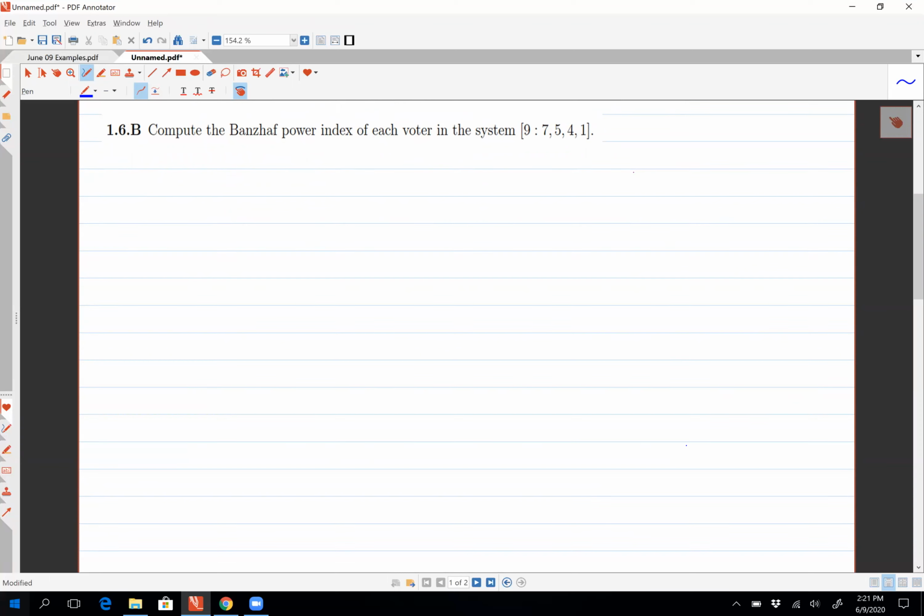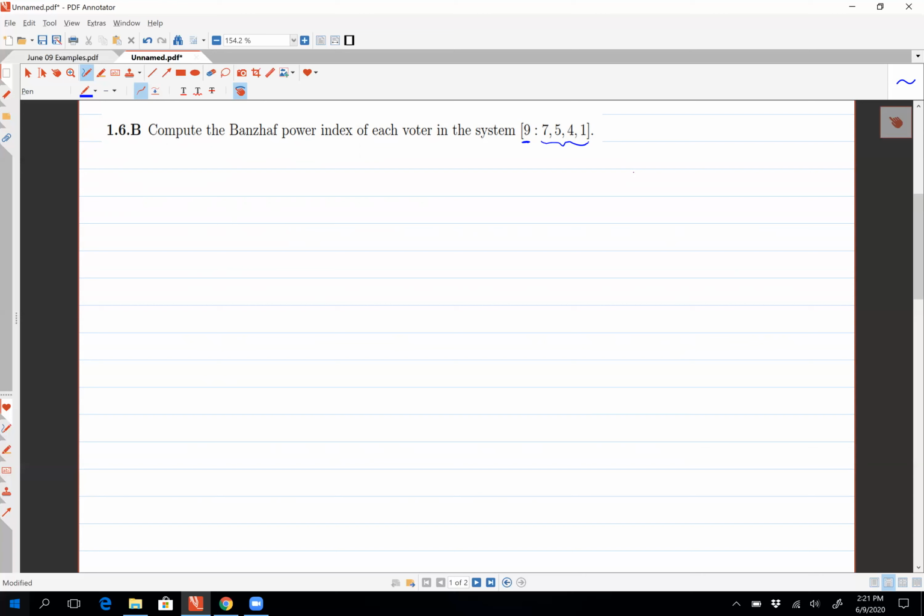For any individual voter, the Banzhaf power index tells us how often or what proportion of the time their vote is critical in a winning coalition. So here we're now looking at a system with a quota of 9 and with 4 different voters.